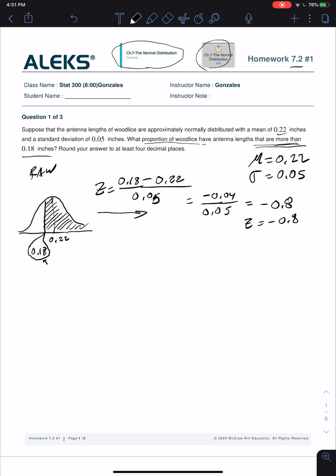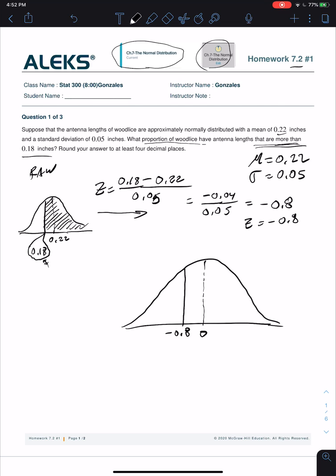Our new picture looks something like this. Now this is a standard normal, so the mean is going to be 0. The z-score that represents the raw score of 0.18 is going to be about here, and that's negative 0.8.